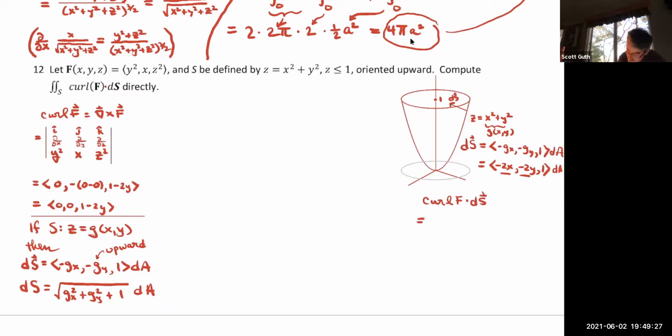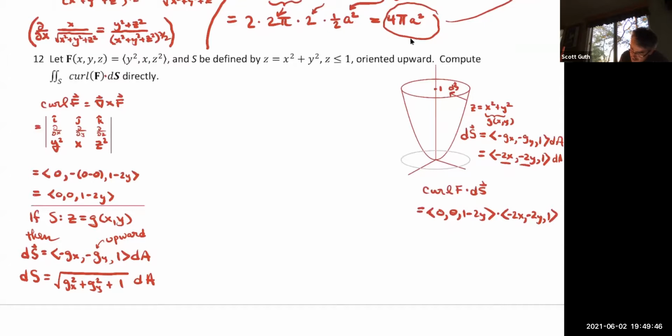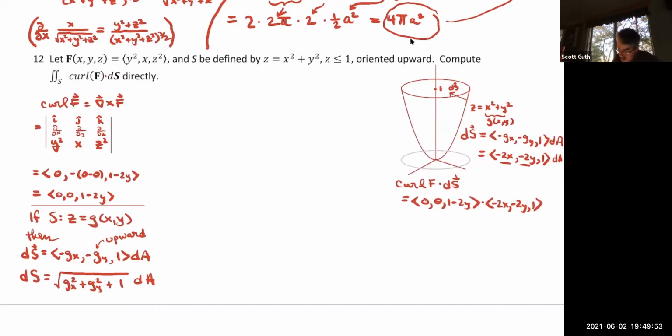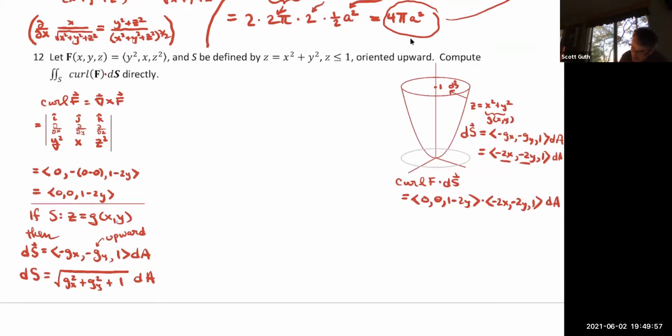The curl is going to be 0, 0, 1 minus 2y, dotted with negative 2x, negative 2y, 1, dA. So oh, that's simple.